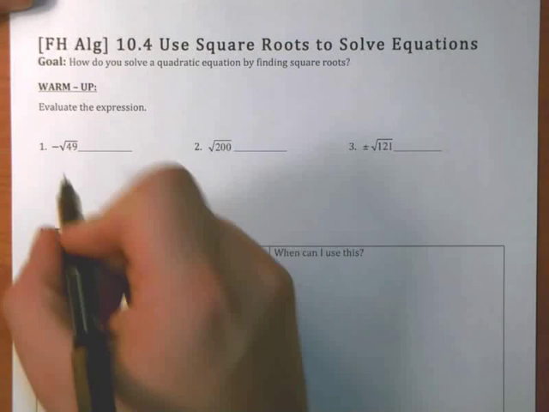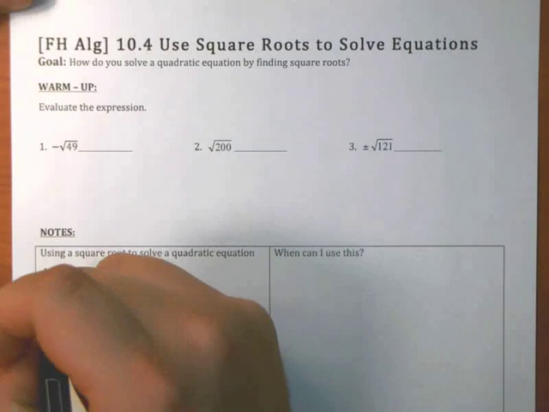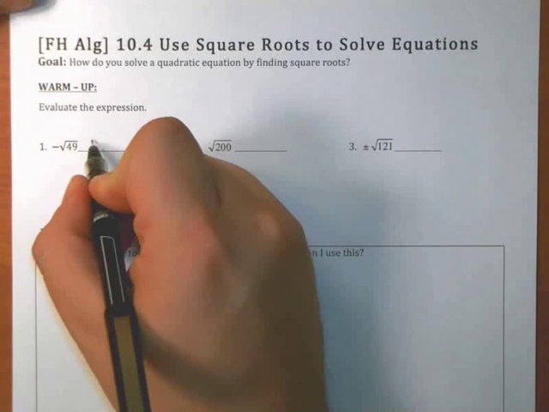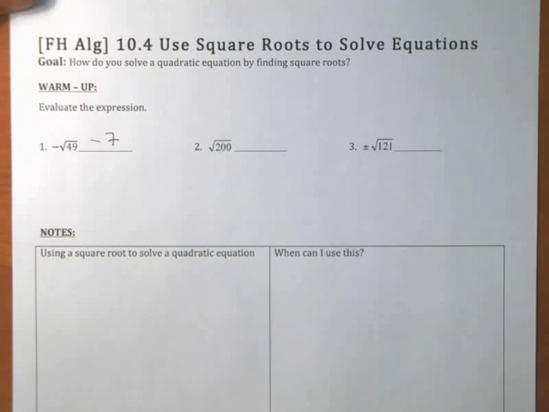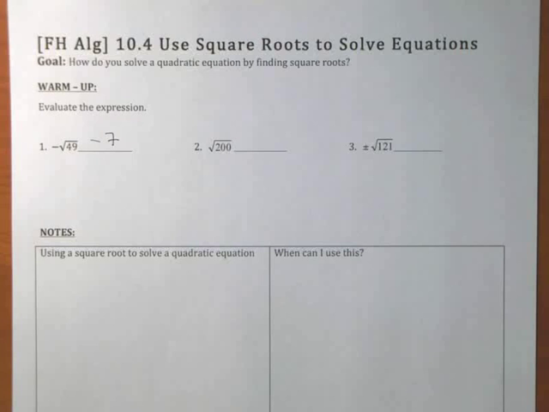Let's see. Negative square root of 49, that's the same as opposite of 7, square root of 49. What times itself is 49 is 7. Square root of 200, we can use a calculator to come up with an answer for that.